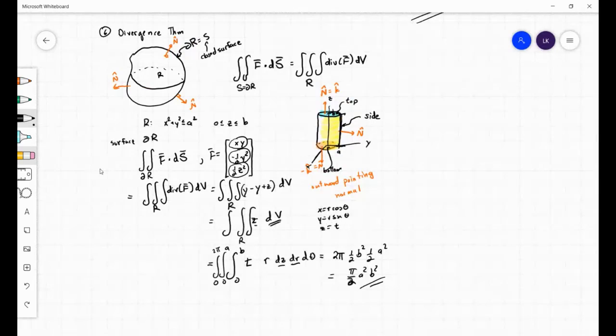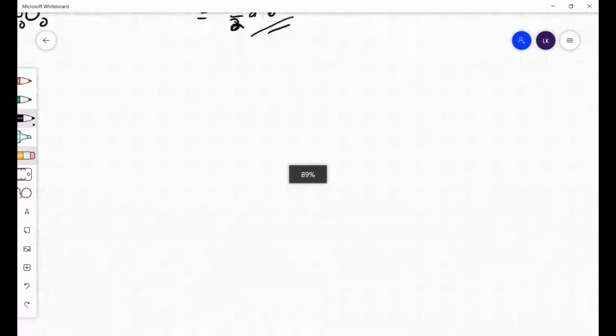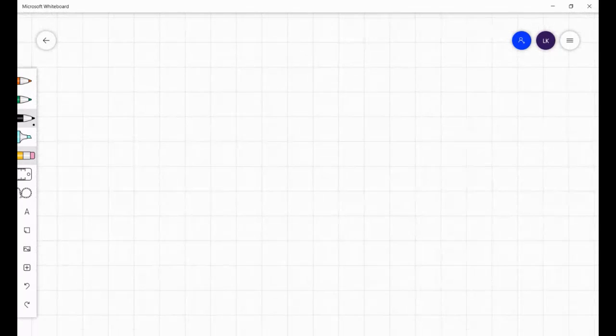Let's do another divergence theorem example, but it's one where you apparently shouldn't be using it because you don't have a closed surface. So suppose we have a hemisphere.